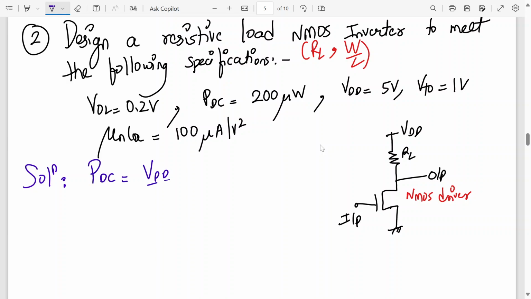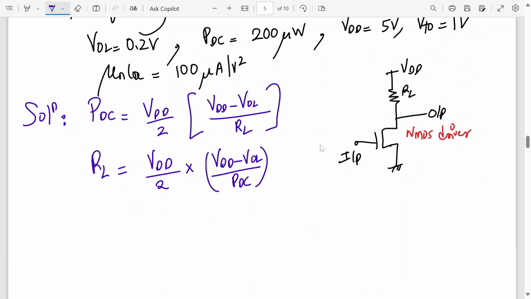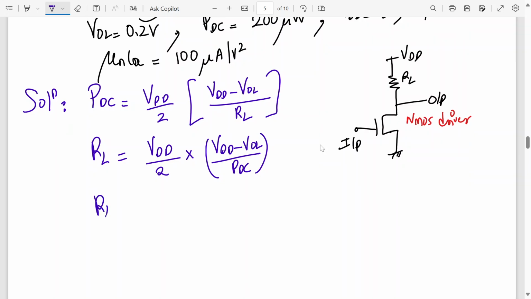It's VDD by 2 into VDD minus VOL upon RL. You have to find RL now. So RL will be equal to VDD by 2 into VDD minus VOL upon PDC. Okay, now let's calculate RL.